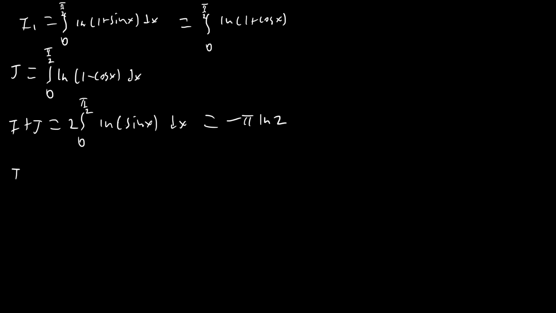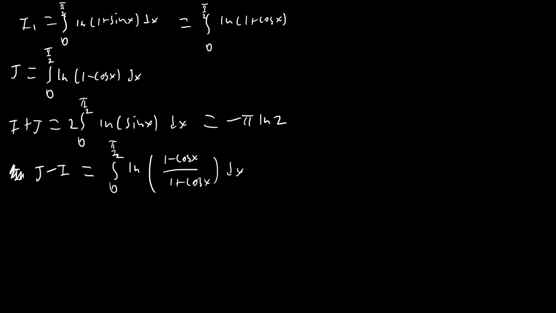And if we do I minus J, or actually in this case, we're going to do J minus I. I think that's going to help us out more. We're going to get the integral from 0 to pi over 2 of natural log of 1 minus cosine x over 1 plus cosine x dx, which, using our half-angle identities, is the integral from 0 to pi over 2 of 2 natural log of tangent x over 2.